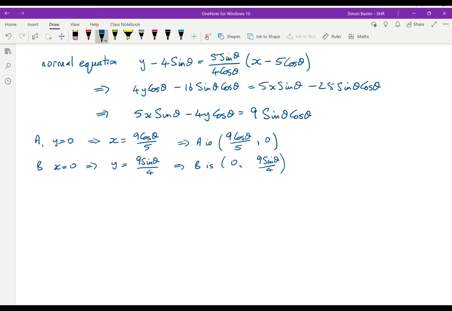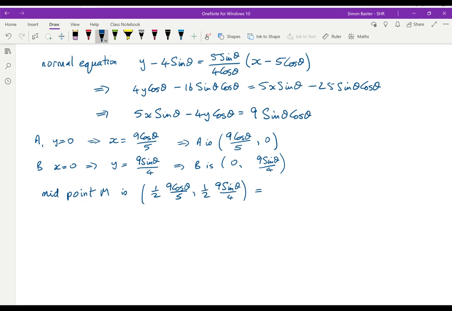We're looking for the midpoint, M. Well, we add the x coordinates together and divide by 2. That's going to be a half of 9 cos theta over 5. And adding the y coordinates together and halving, a half of 9 sine theta over 4.